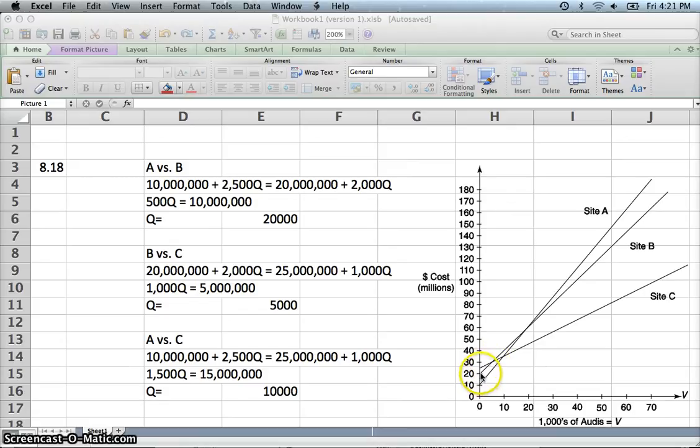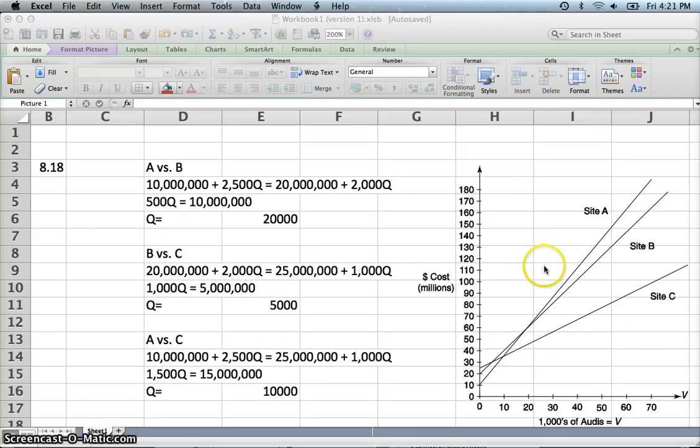Here is site B at 20 million, with its line of 2,000 variable cost, and then site C at 25 million has a very shallow, not as steep a slope, and at 5,000 their costs are equal to each other. Now that's comparing one site to another site.